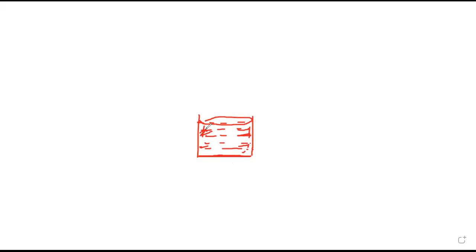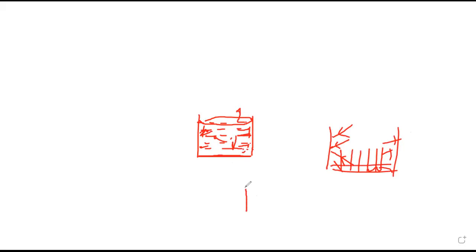So fluid contained in the vessel will exert pressure at all points, in upward direction, downward direction, or in all directions. Suppose there will be pressure here, pressure here, pressure here, same way on this side, pressure everywhere. So solid will exert pressure only normally, but liquid will exert pressure everywhere in all directions.